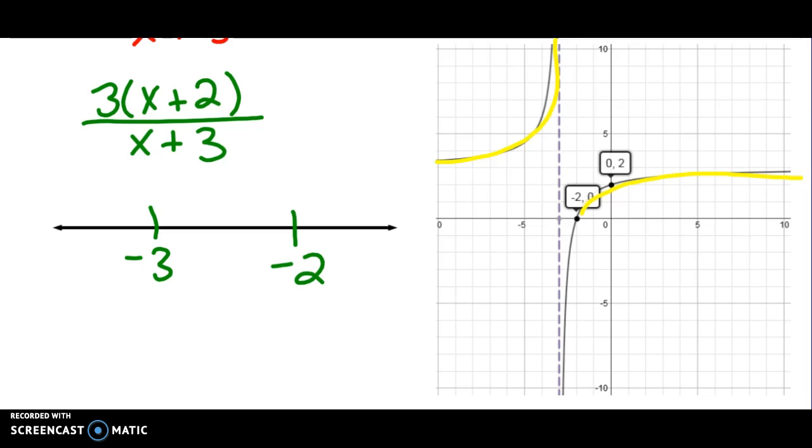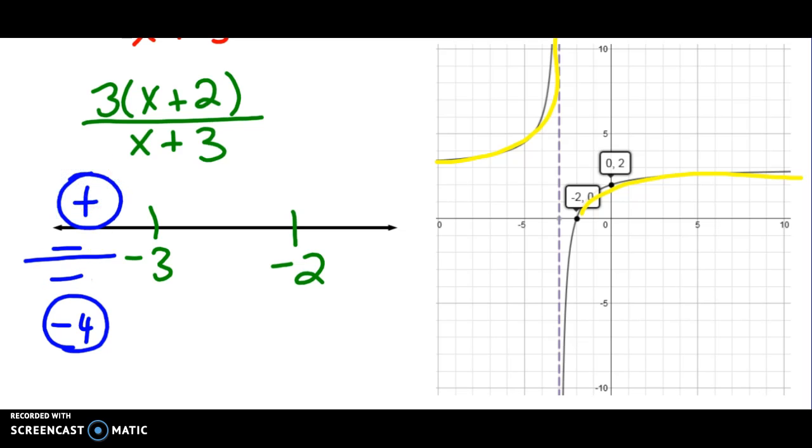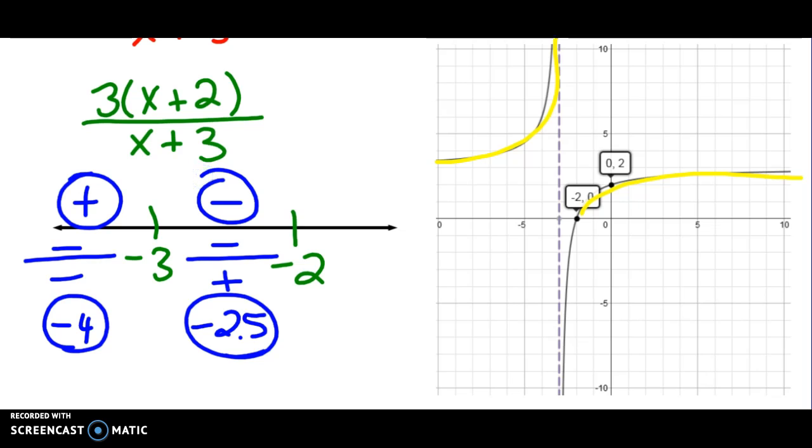If we plug something in left of negative 3, like negative 4, negative 4 plus 2 is a negative. Negative 4 plus 3 is a negative. So we have positive outputs. In between negative 3 and negative 2, like negative 2.5, negative 2.5 plus 2 is a negative. Negative 2.5 plus 3 is a positive, so that's a negative. And then something bigger than negative 2, like 0, gives us a positive over a positive, which is plus.